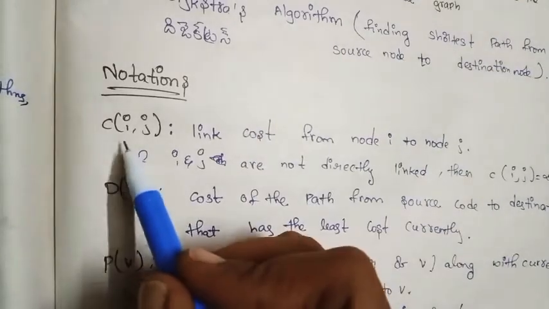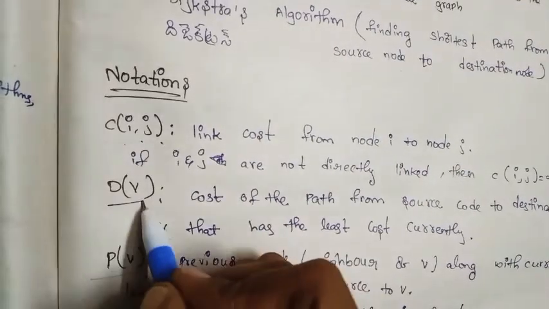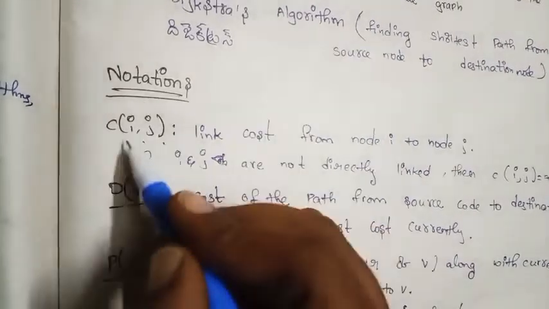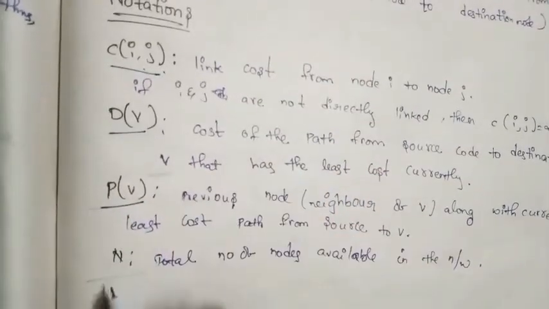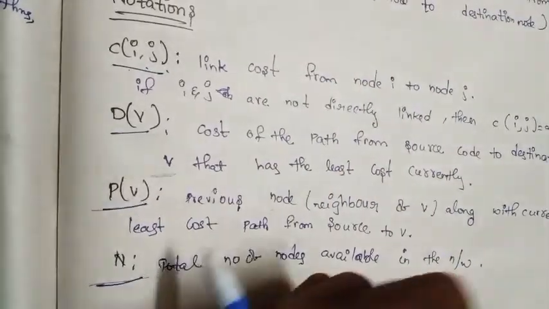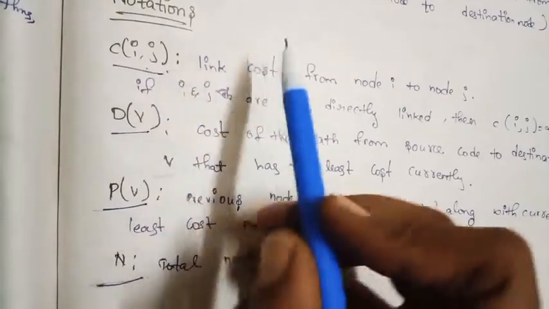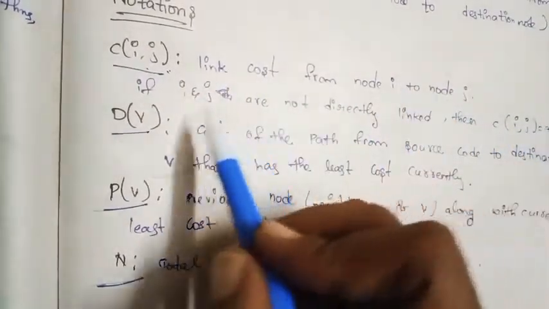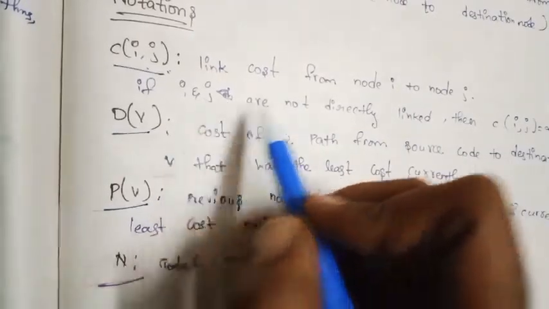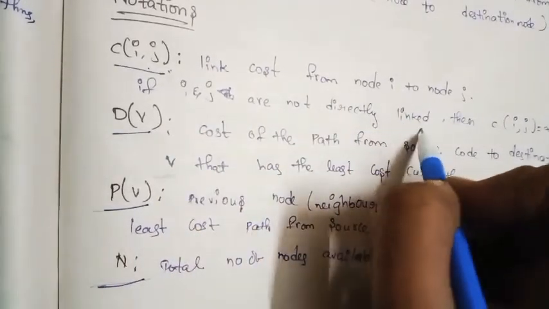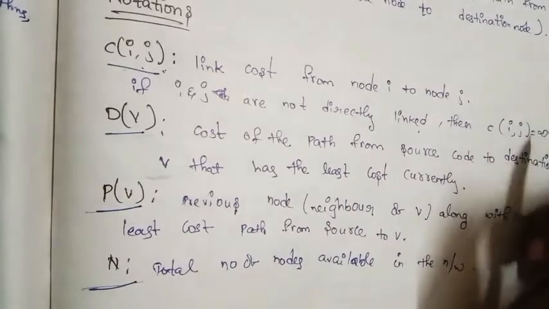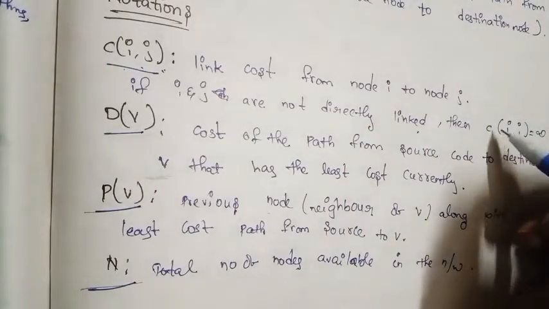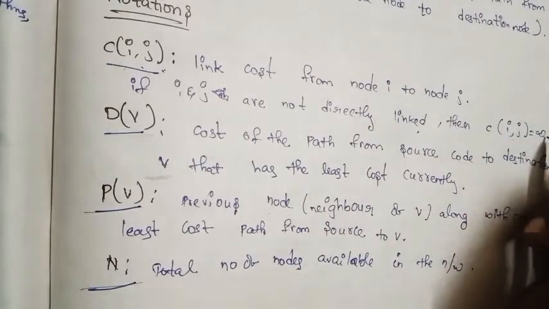The notations are C of i comma j, D of v, P of v, and the last one is N. C of i comma j means the link cost from node i to node j. If i and j are not directly linked, then we write C of i comma j equal to infinity.